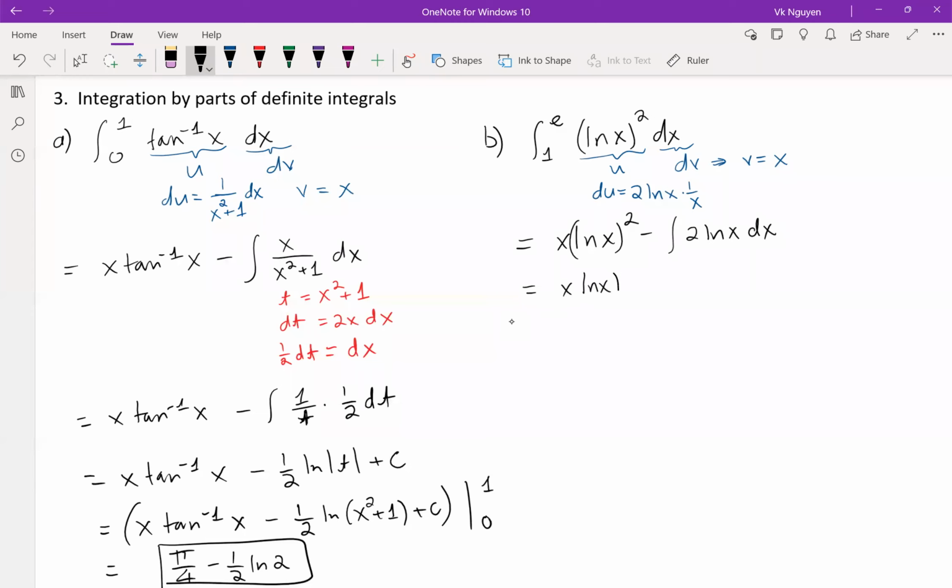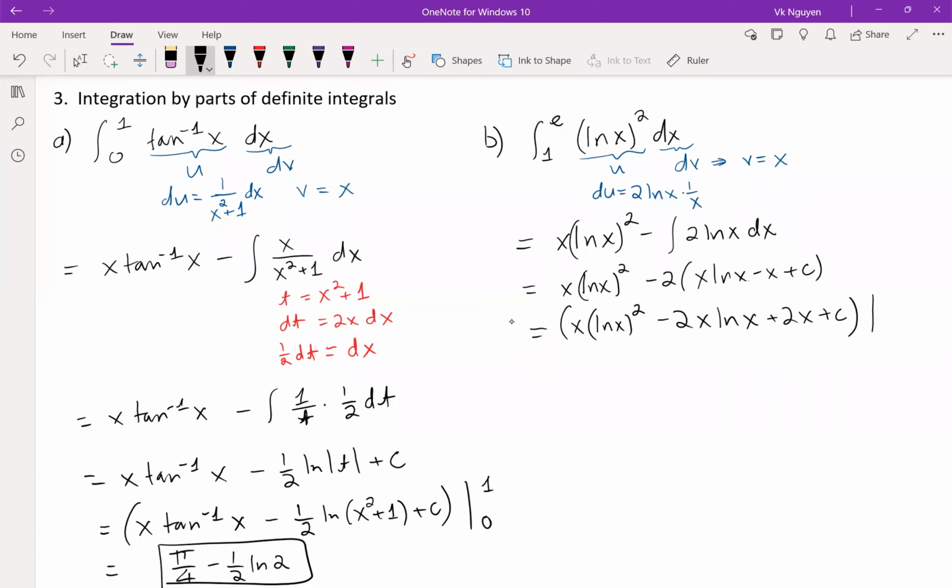So x ln x squared minus 2 times the integral of ln x dx, which we know is x ln x minus x plus c. So this is x ln x squared minus 2x ln x plus 2x plus c.